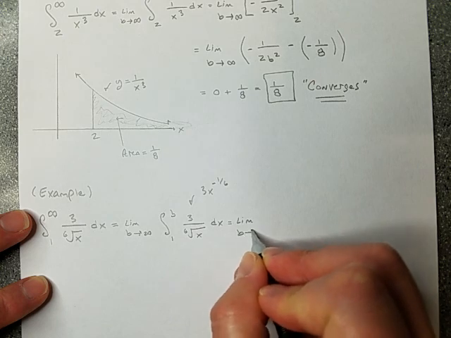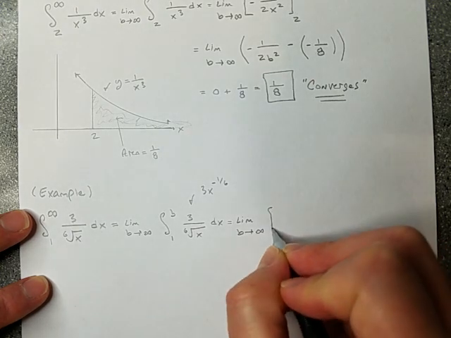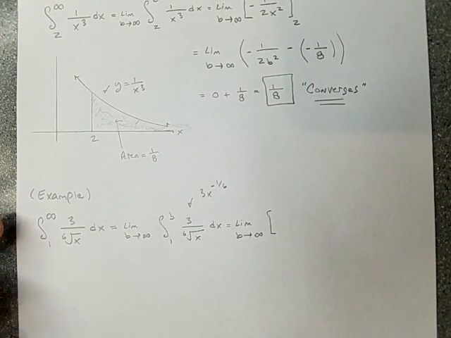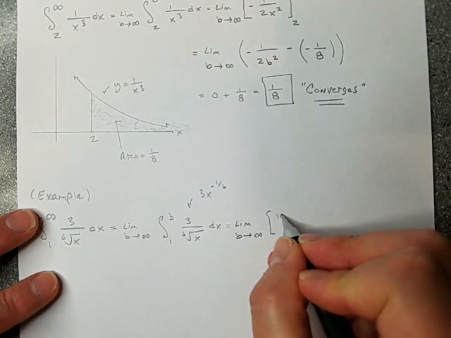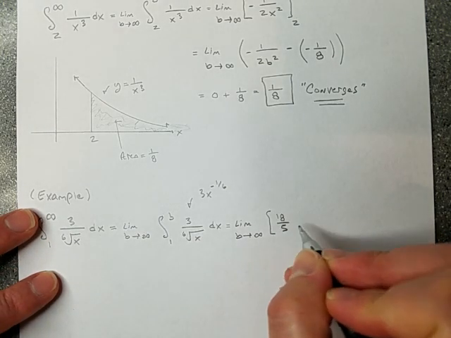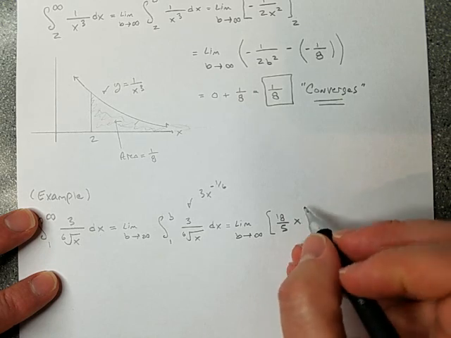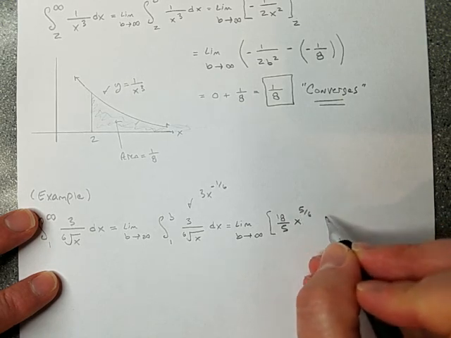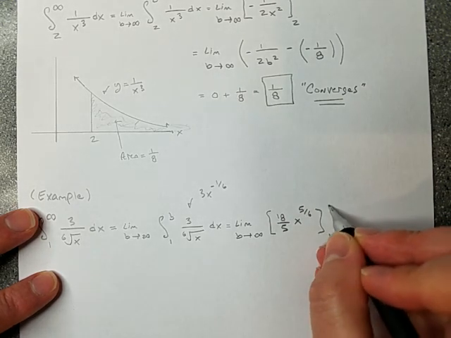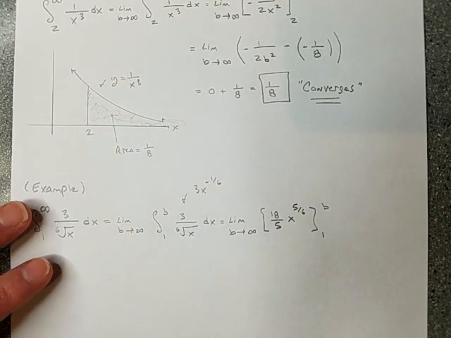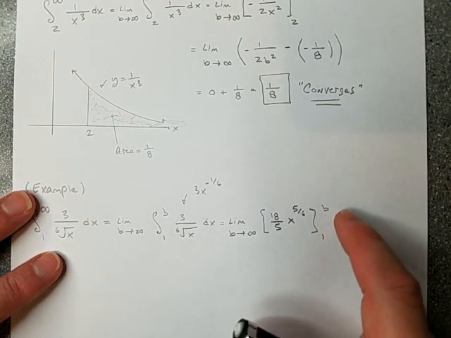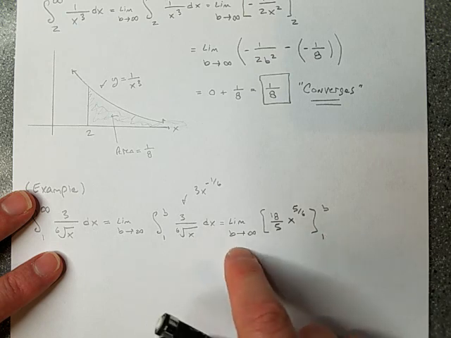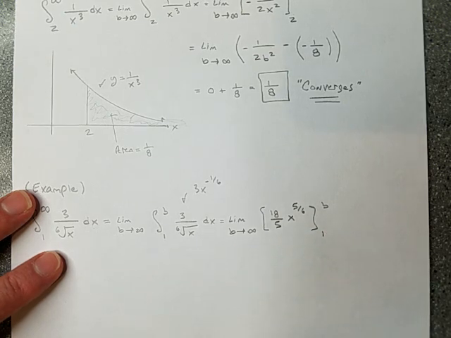Limit as b goes to infinity. And then we'll get in there 18/5, and this will be x to the 5 over 6 power. There you go. All right. So now the limits of integration go in, but the b goes to infinity once we have that established.